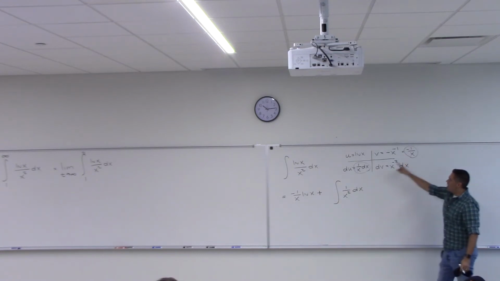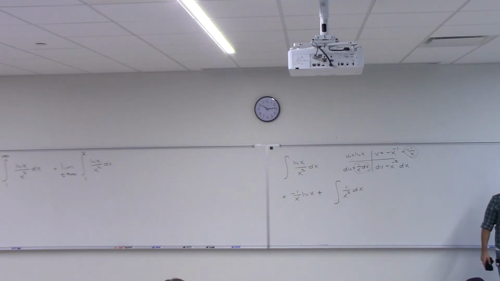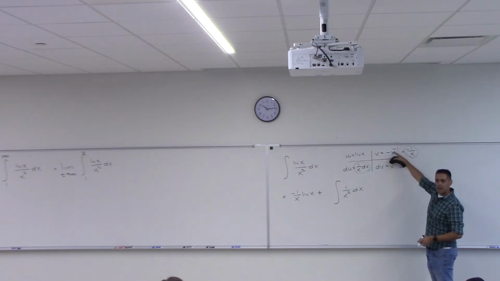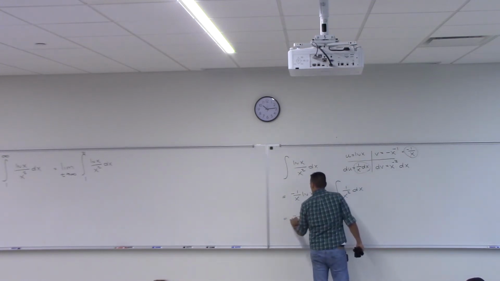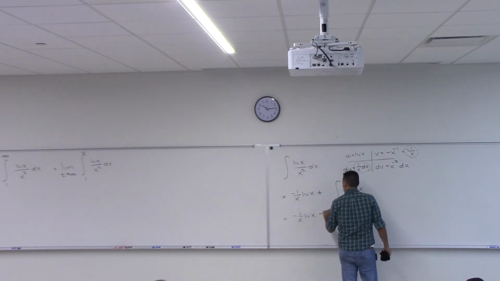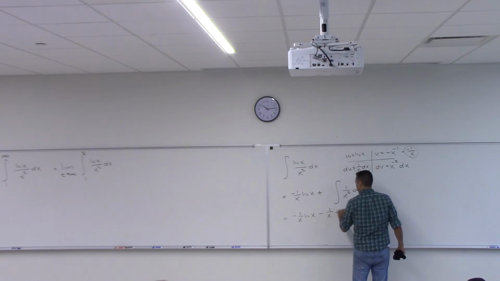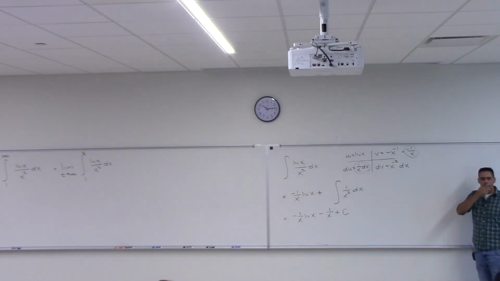Do we know the antiderivative of 1 over x squared? We just did it, that's what this was, here to here. So this is going to be negative 1 over x natural log x, minus 1 over x, plus some constant. Do I need to clarify anything there?